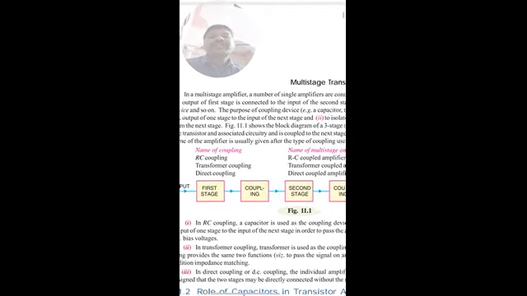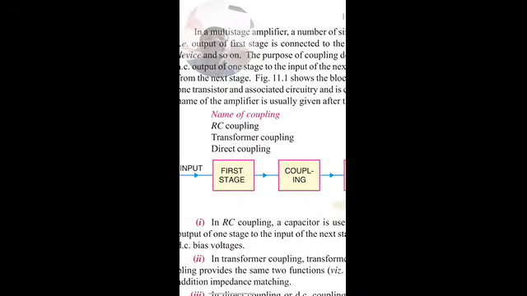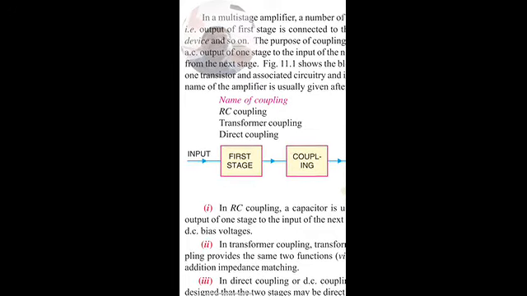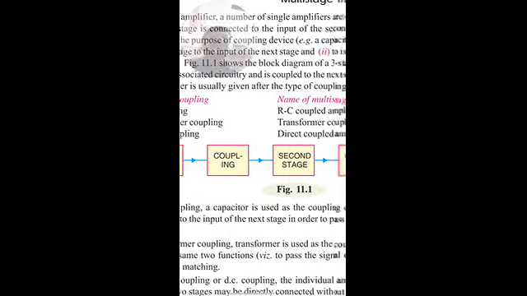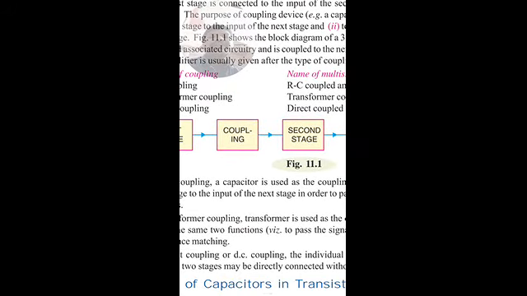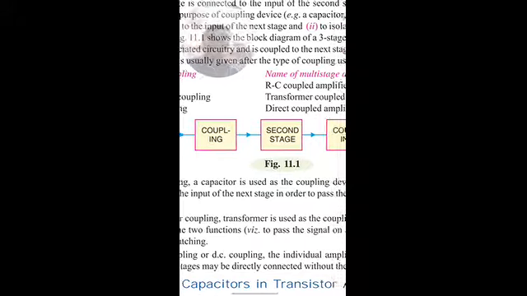See here the figure: to the first stage we give the input, and it is coupled to the second stage through coupling devices. There may be a resistor, capacitor or transformer coupling.